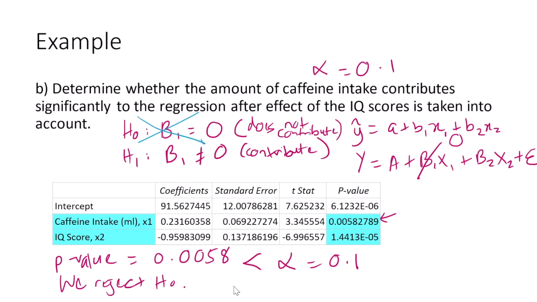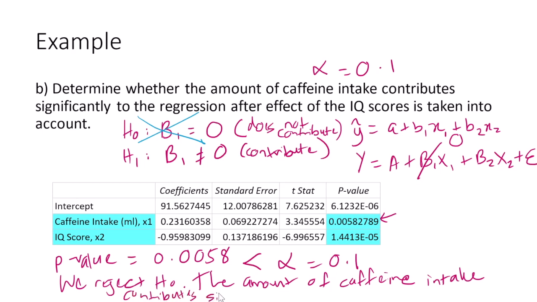we can conclude that the amount of caffeine intake contributes significantly to the regression model after the effect of IQ scores is taken into account.